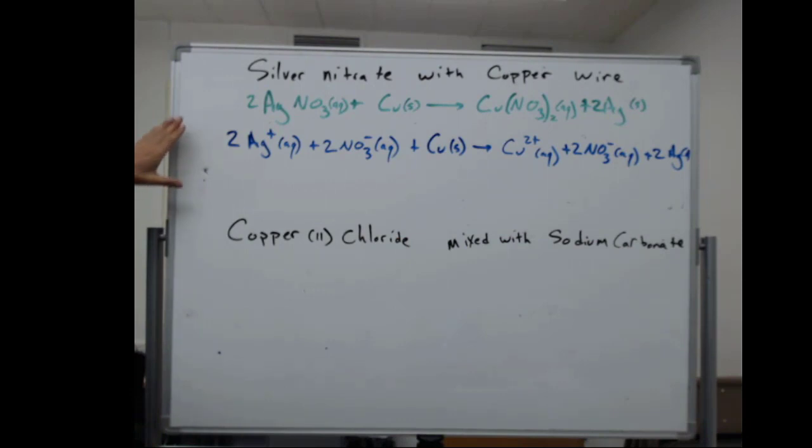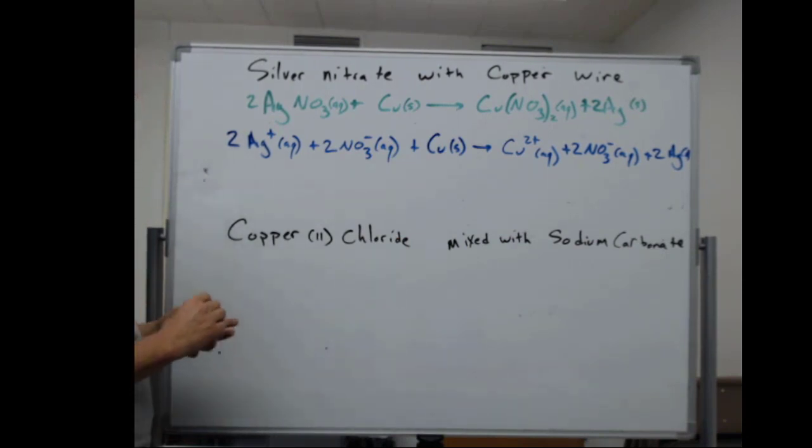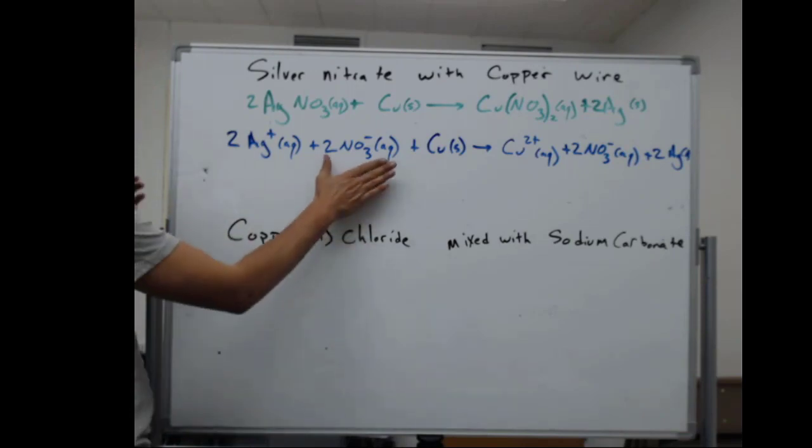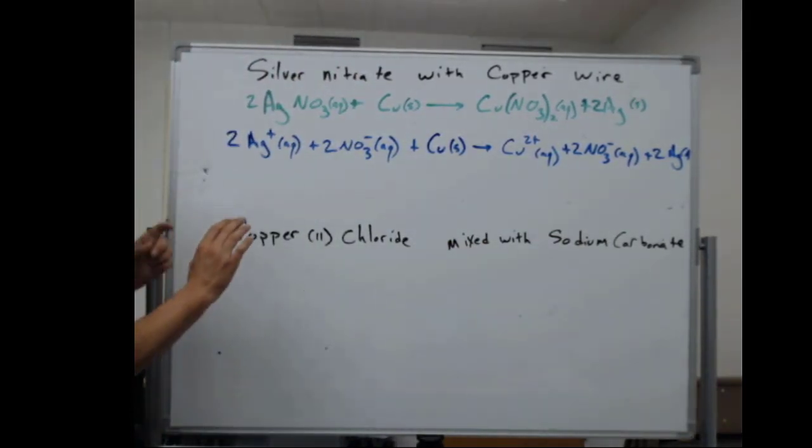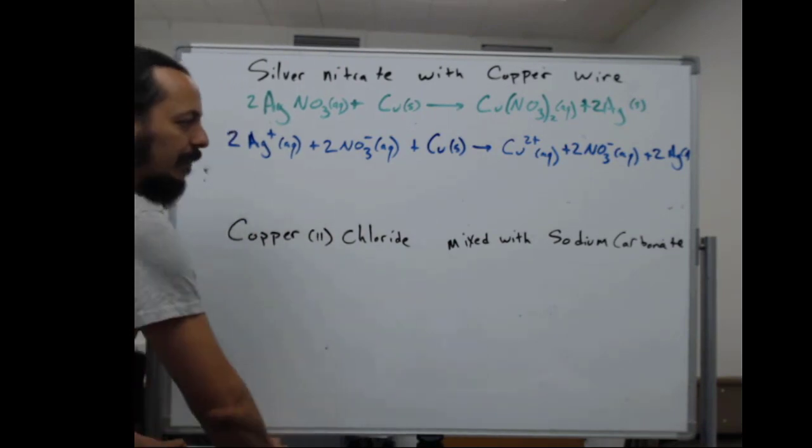Now, to get to the net ionic, we want to cancel out those things that are exactly the same in the reactants and the products. So if there's something that has, let me make a quick note of this.